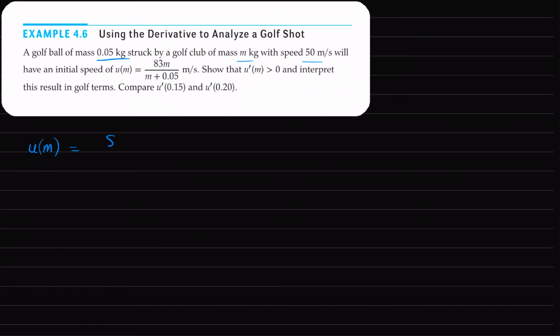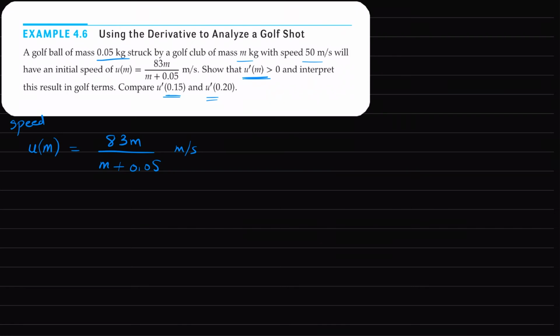The function is 83m over m plus 0.05 meter per second. The speed: this u represents the speed. Show that u prime, the derivative, is positive, and interpret the result in golf terms. Then compare u prime of 0.15 and u prime of 0.2.